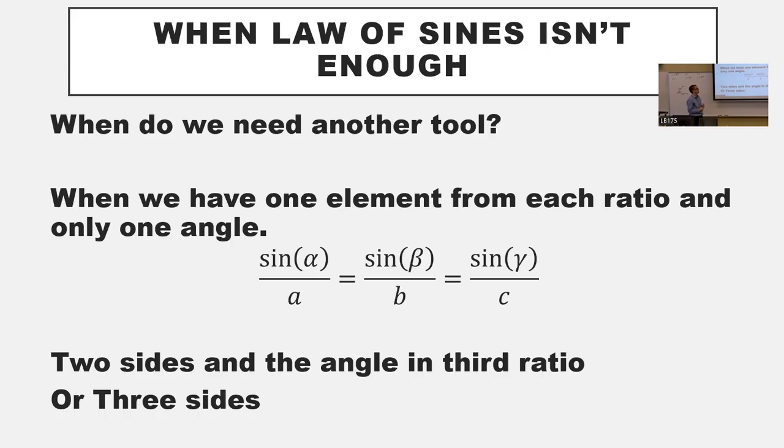Or if I have all three sides, then I'm going to need another tool as well. Does that make sense? If I know all three side lengths, then you only have one piece in each of the ratios. So we need another tool.